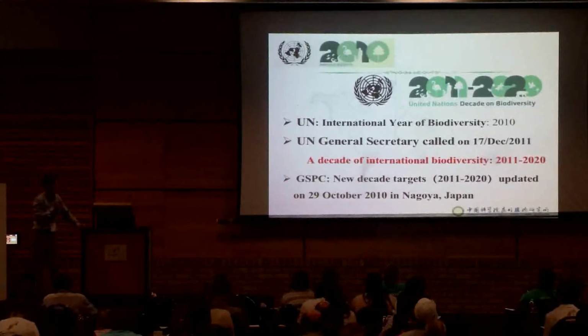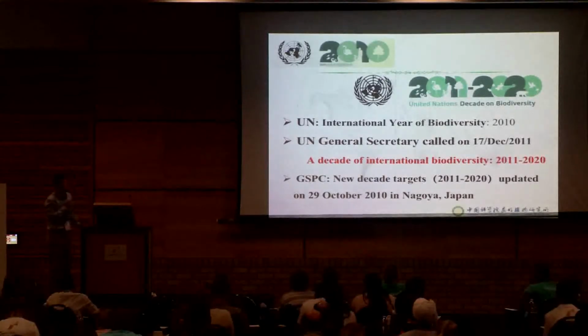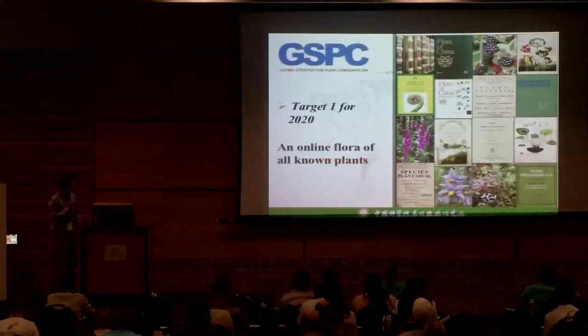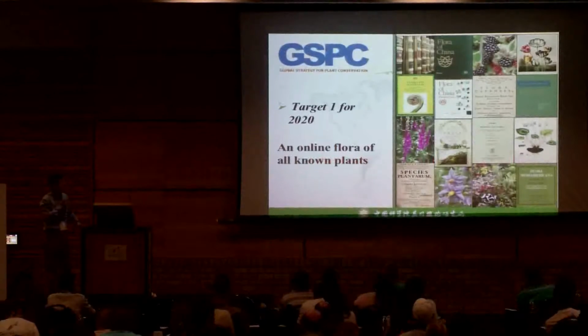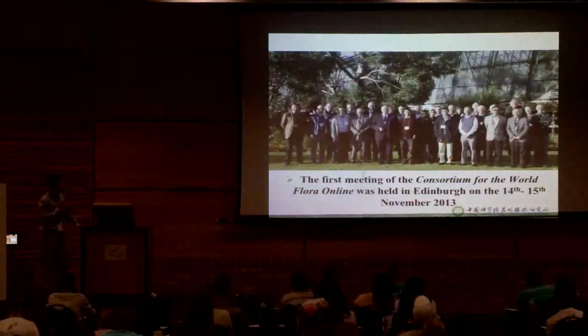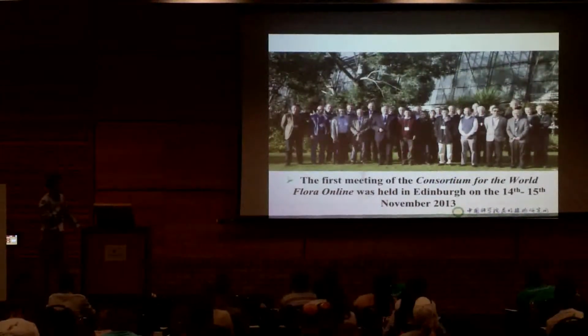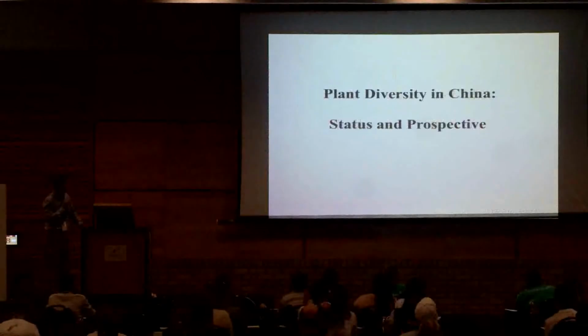The new targets for the GSPC were adopted on the 29th of October 2010 in Nagoya, Japan. The first target, again, is an online flora for all known plants. This is the first meeting of the consortium at the Royal Botanic Garden, Edinburgh, in 2013.